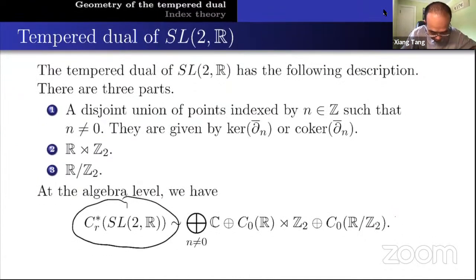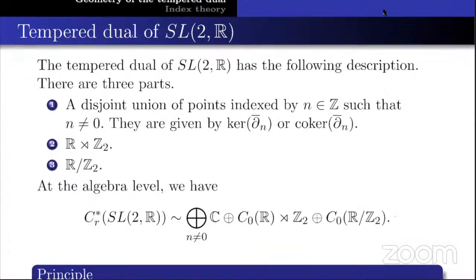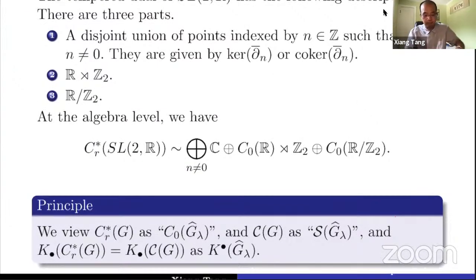Okay, so that's about SL2. Now let me get to the principle I would hope to explain to you. The principle is we would like to view the C* algebra as the continuous functions on the dual, and the Schwartz algebras, the rapid decay smooth functions, as the smooth functions on the dual.